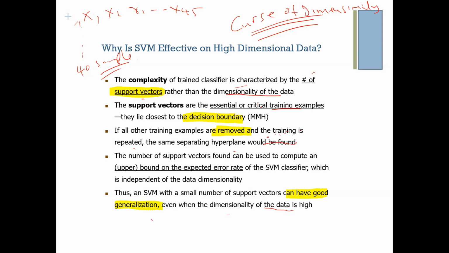So this is the secret behind SVM having huge, good performance and making it very effective on high dimensional data. Or somebody may ask, this is the reason why support vector machine does not suffer from the curse of dimensionality.